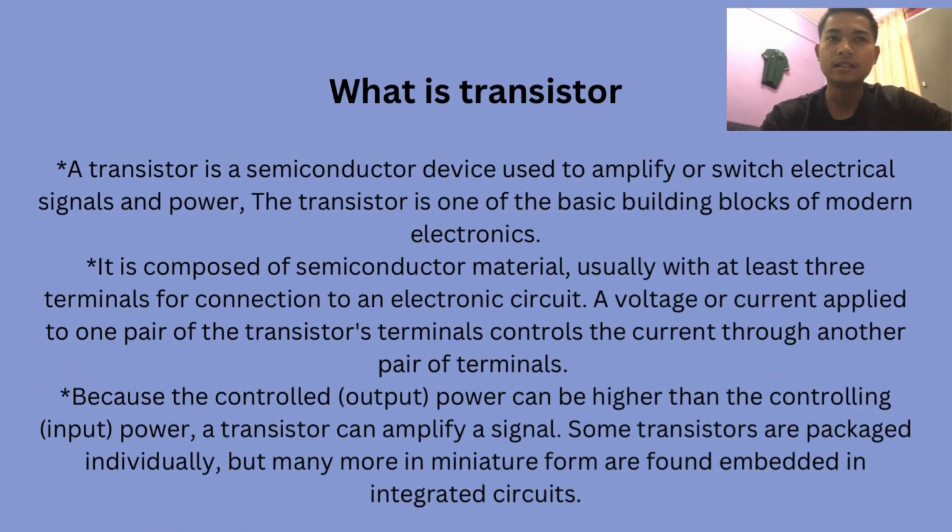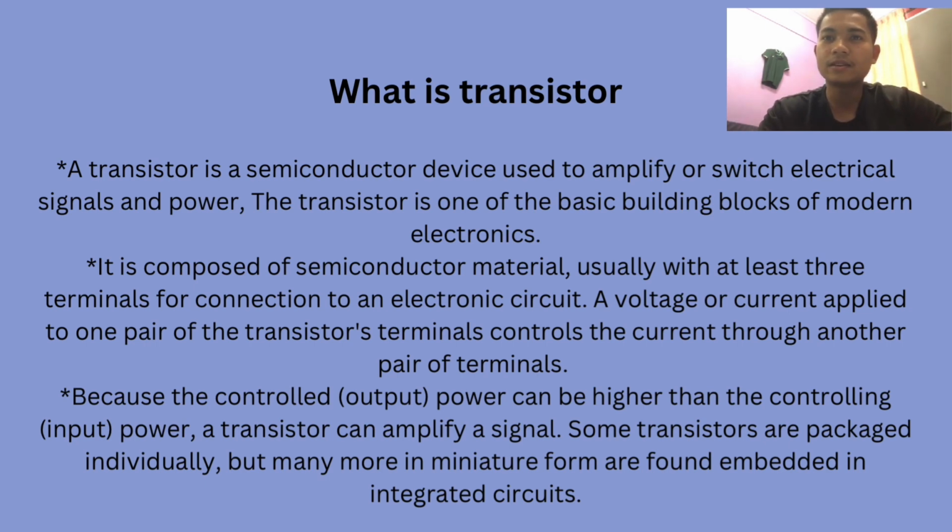Transistor. A transistor is a semiconductor device used to amplify or switch electrical signal and power. The transistor is one of the basic building blocks of modern electronics. It is composed of semiconductor material, usually with at least 3 terminals for a connection to an electronic circuit.